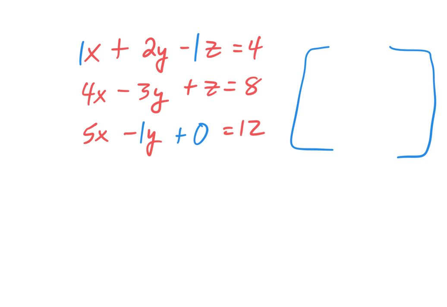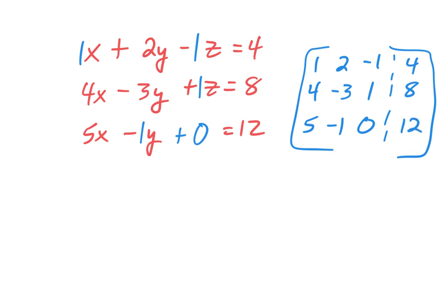This is a minus in front of the z, so we're going to treat that as like a -1. So we're going to go 1, 2, -1, 4, 4, -3, 1, 8, 5, -1, 0, 12.